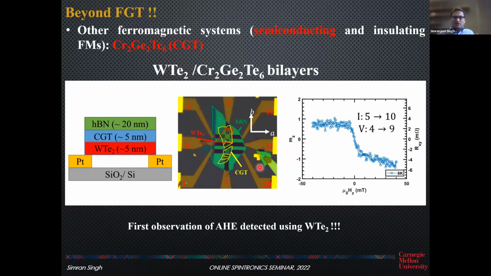CGT is insulating or semiconducting at low temperature, so most of the current goes to WTe2. But through either proximity-induced effects or spin Hall magnetoresistance, we are able to measure the magnetic state. In the near future, we are looking to run spin-orbit torque switching experiments.